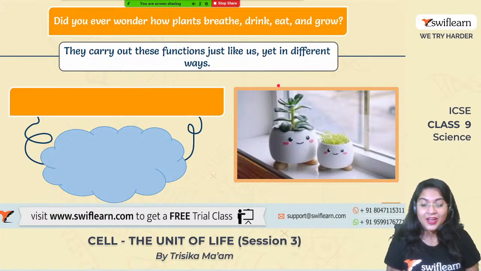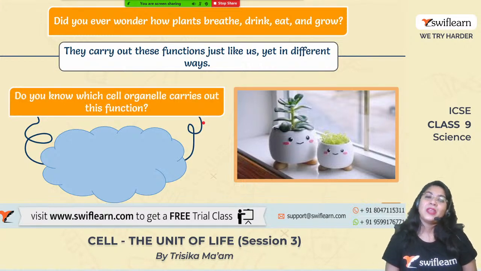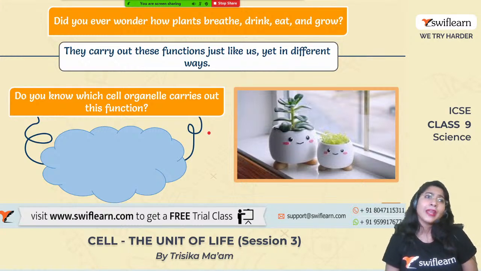Yes, Yashika, your answer is correct. I have already mentioned that bacteria is a prokaryotic cell, right? Okay. So, do you know which cell organelle carries out all these functions within the plant body? The breathing, the drinking of water or any liquid, the eating, growth and development.